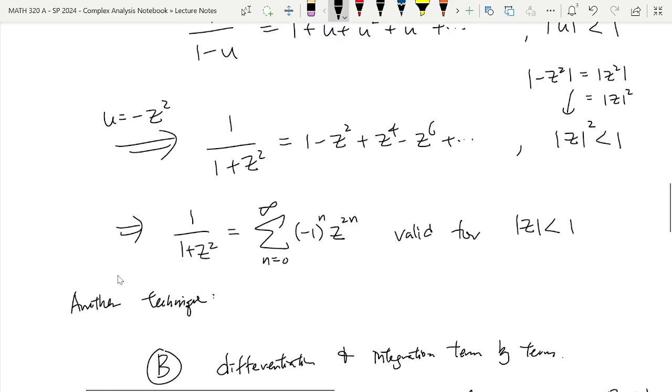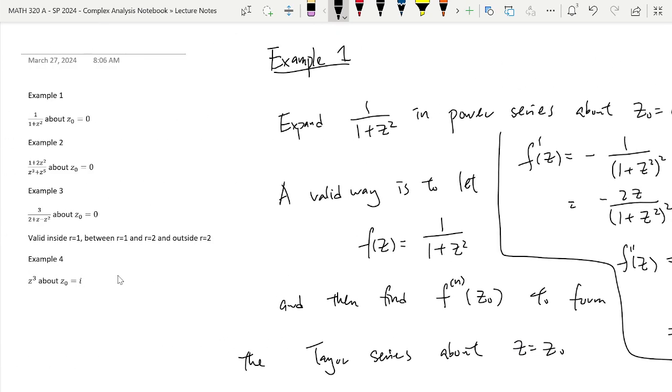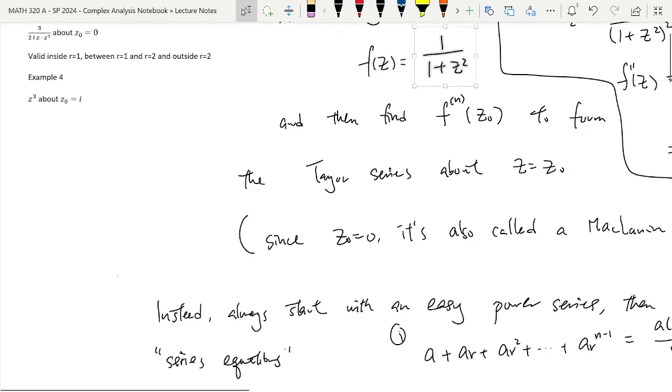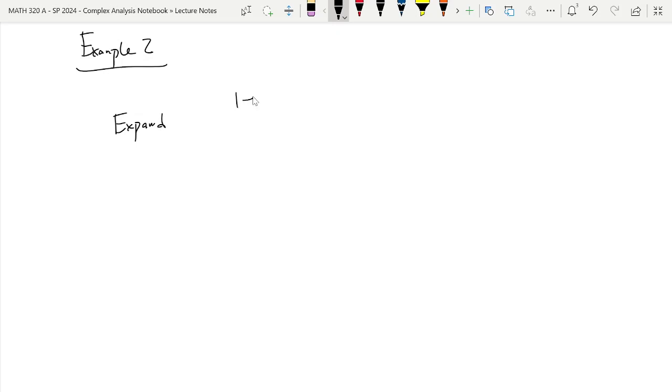I don't remember the exact thing. What was that? 1, 2, and then 3, 5. Okay. Expand z, and then 3, 5, about z naught equals 0.